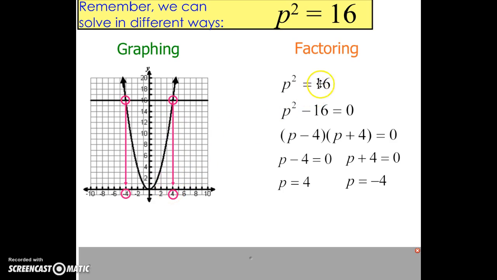If I factor it, I have to set it equal to 0, and this is a perfect square, so my factors would be p minus 4 and p plus 4. Remember to take the square root of each one. One of your parentheses is positive and one is negative. And then when you set each factor equal to 0, p equals 4 and p equals -4.